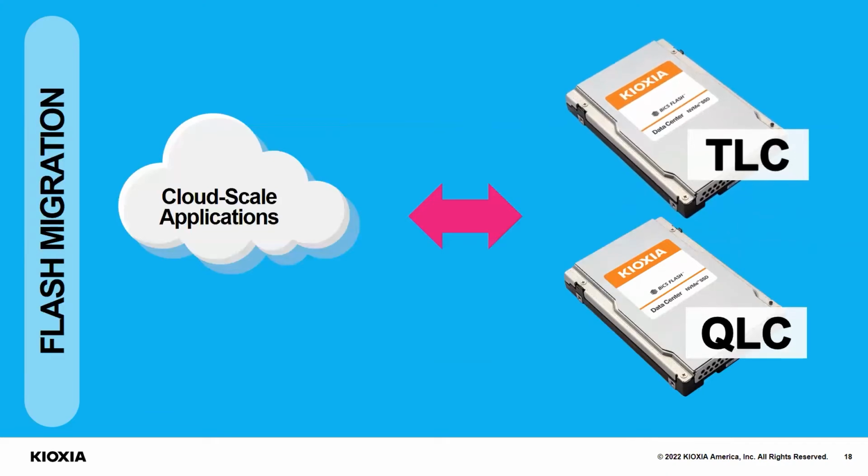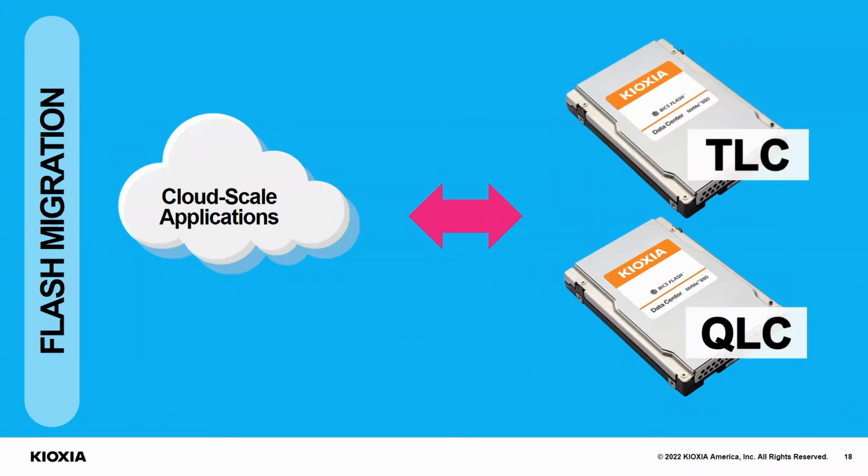Migrating between flash technologies is often a challenging process, and software-enabled flash has thought about that as well. It was designed to ease this migration from the beginning between, say, technologies like TLC to QLC, but also between different flash vendors.